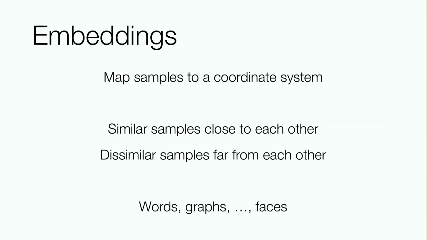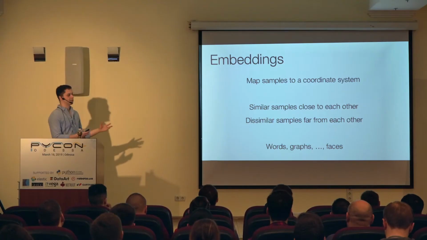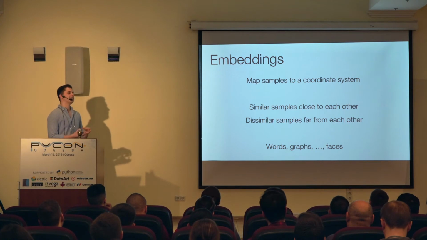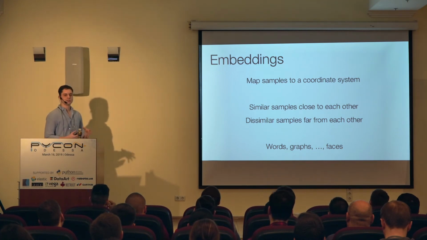One of the interesting concepts here is called embeddings. Basically, the idea behind embeddings is that you're going to map whatever samples, be it faces or other things you're working with, into a coordinate system, which basically means a vector. And the idea behind it is that similar objects are going to be close to each other in this vector space, and dissimilar objects are going to be far from each other.